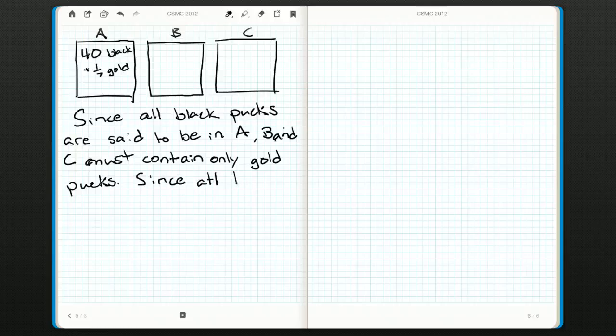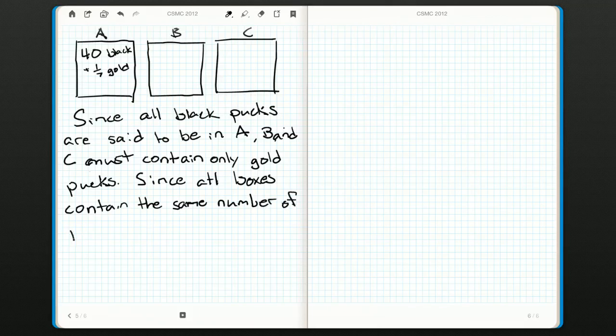And since all boxes contain the same number of pucks, how many can B and C contain?